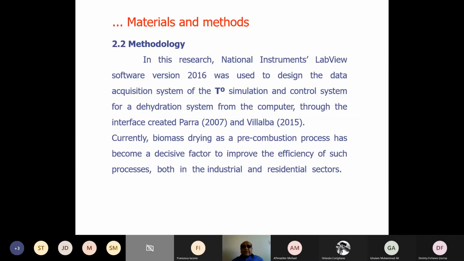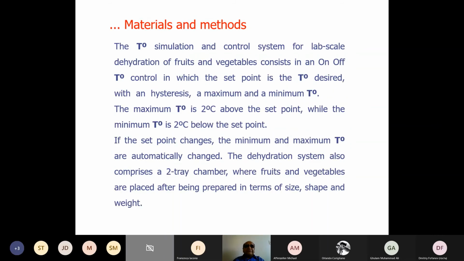Currently, biomass drying as a pre-combustion process has become a decisive factor to improve the efficiency of such processes, both in the industrial and residential sectors. The temperature simulation and control system for large-scale dehydration of fruits and vegetables consists of an on-off temperature control in which the set point determines the maximum and minimum temperature.